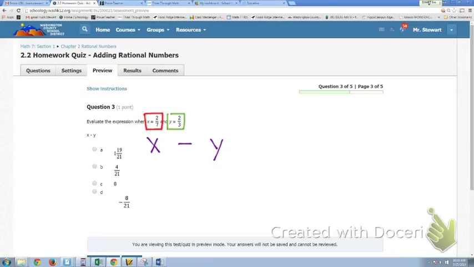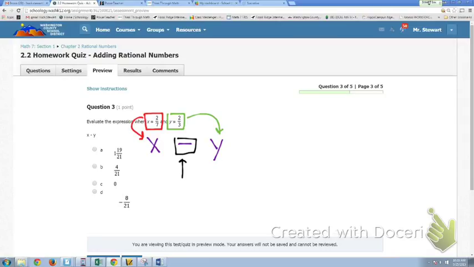So what we're going to do is substitute 2/7 in for x, and then substitute 2/3 in for y. Notice the one thing we didn't touch is this operation. It just stays.